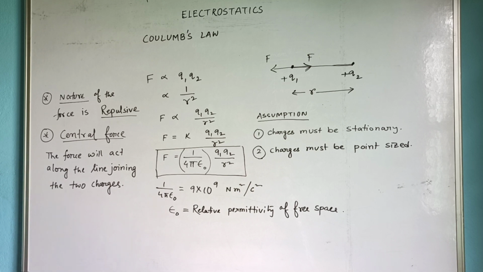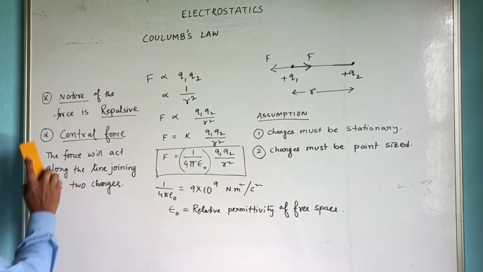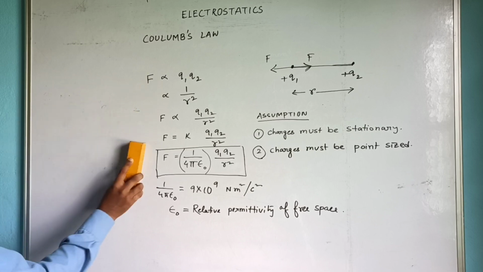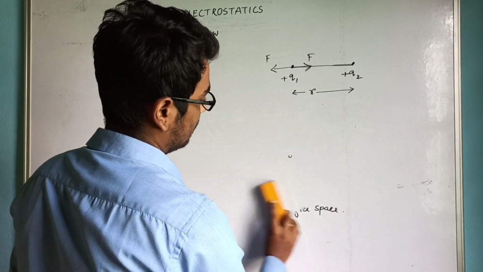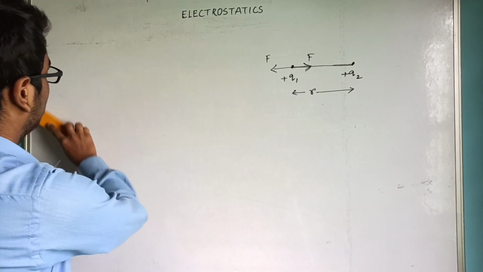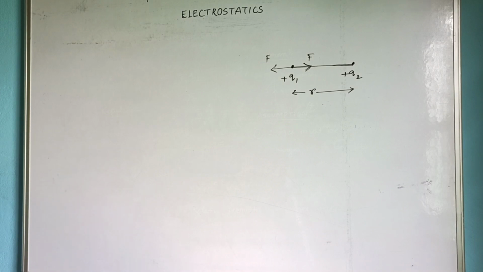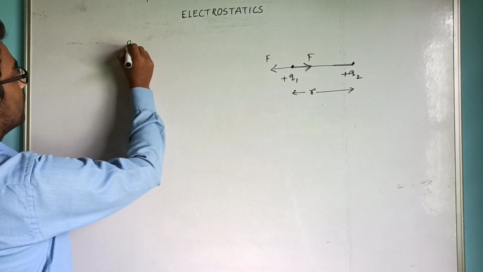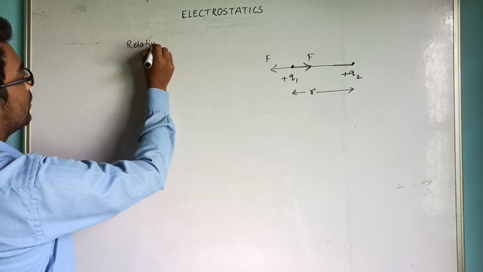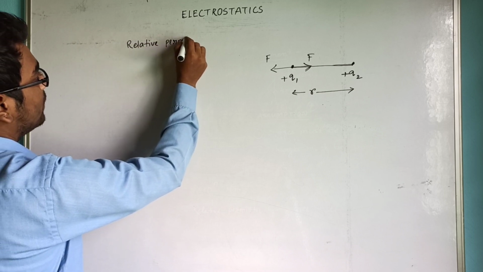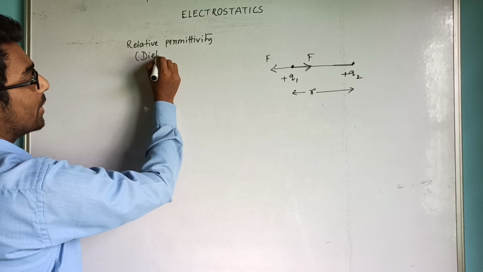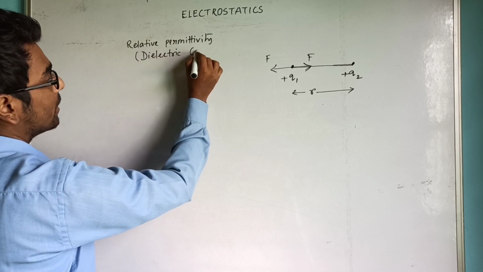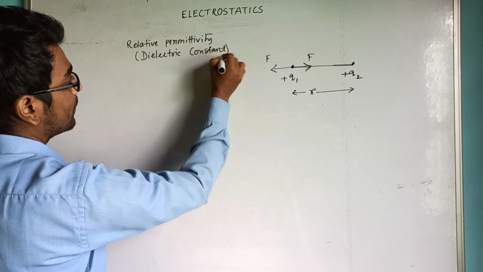Now, coming to the next point, the next part is relative permittivity. It is also termed the dielectric constant.